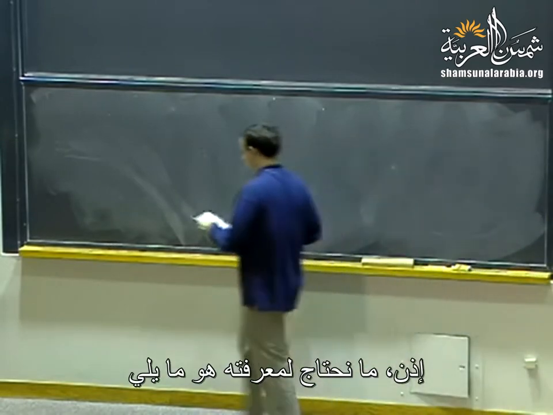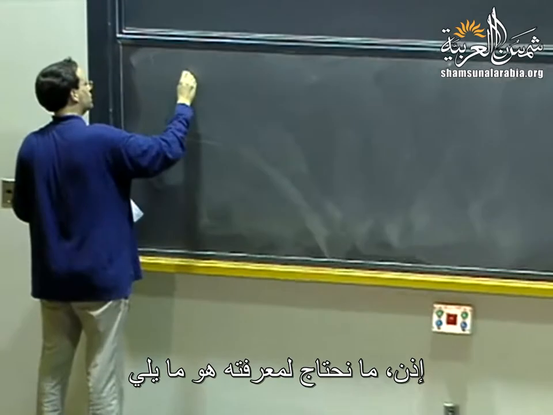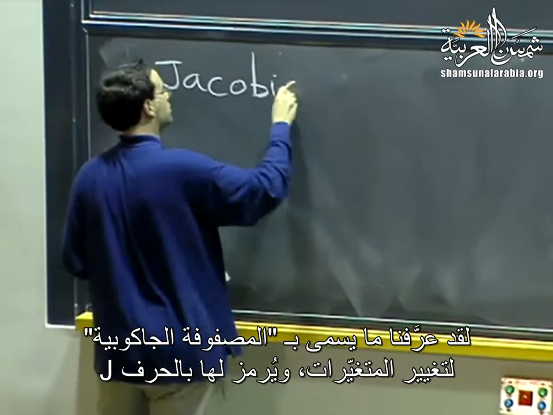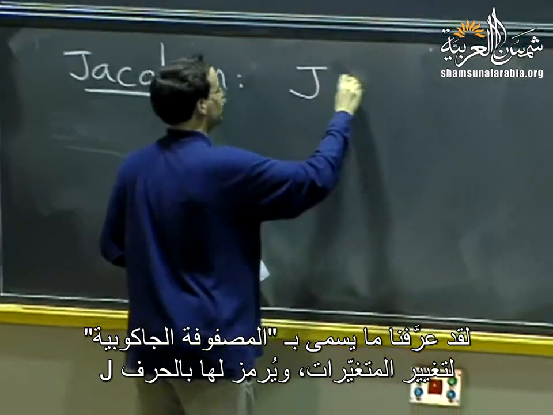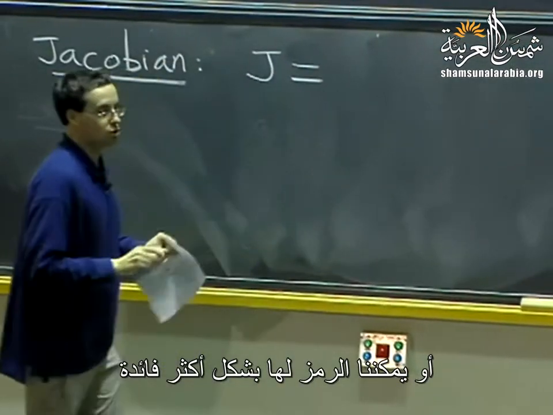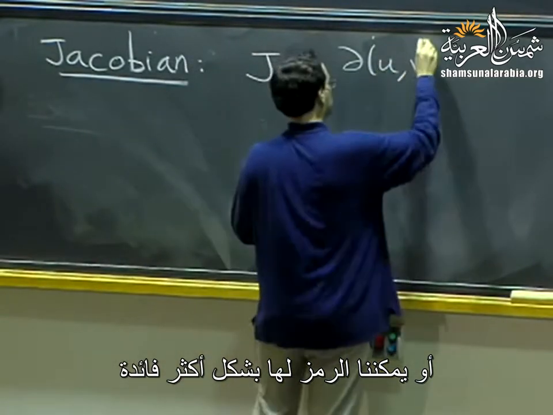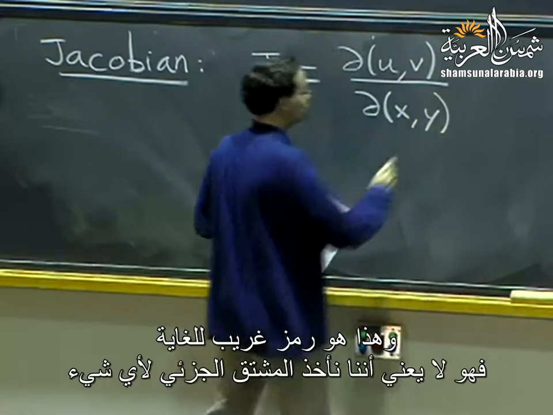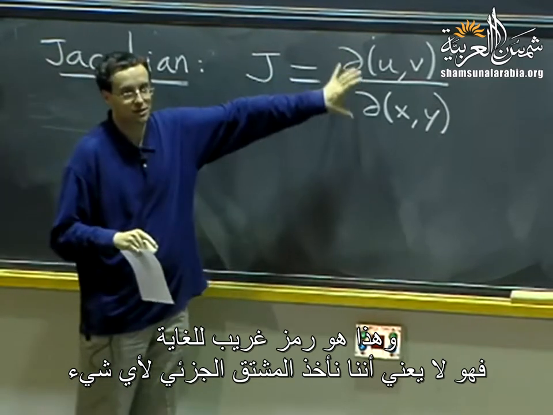Okay, so what we need to know is the following thing. We define something called the Jacobian of a change of variables and use the letter J, or maybe a more useful notation: partial of (u,v) over partial of (x,y). That's a very strange notation. It doesn't mean that we're actually taking the partial derivative of anything.